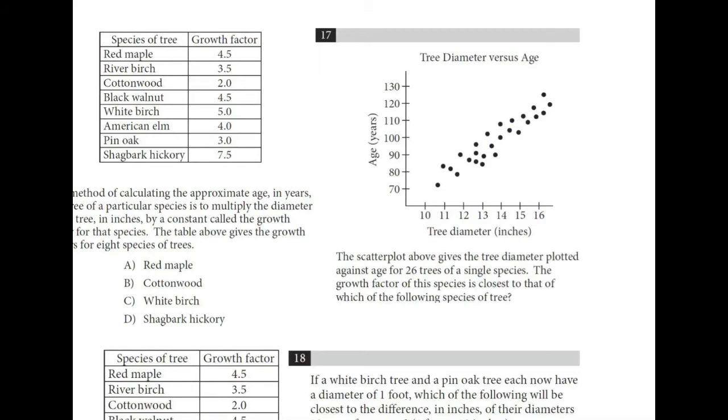For 17. The scatter plot above gives the tree diameter plotted against age for 26 trees of a single species. The growth factor of this species is closest to that of which of the following species of trees?